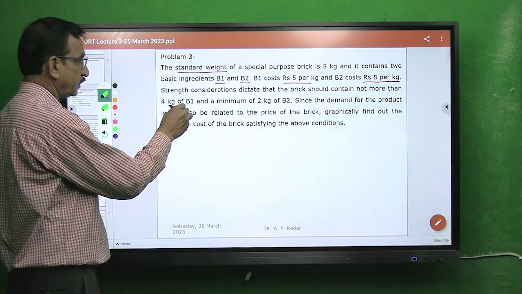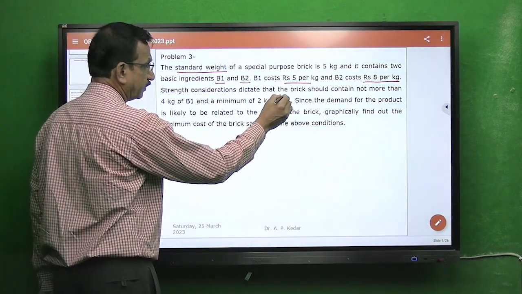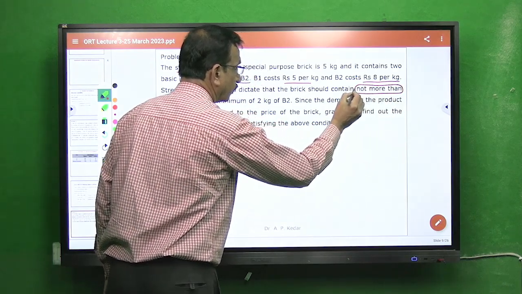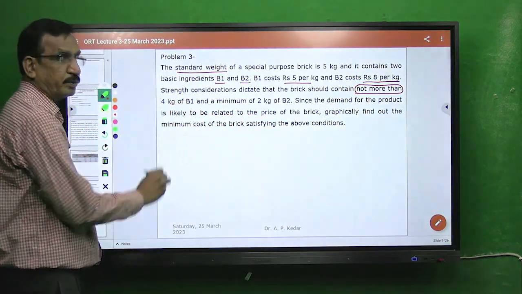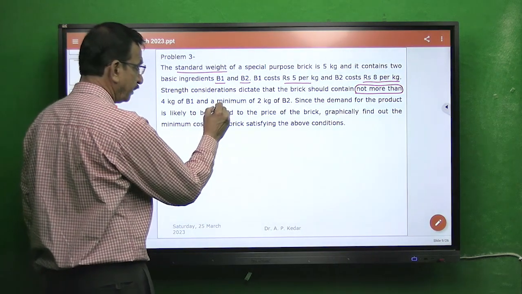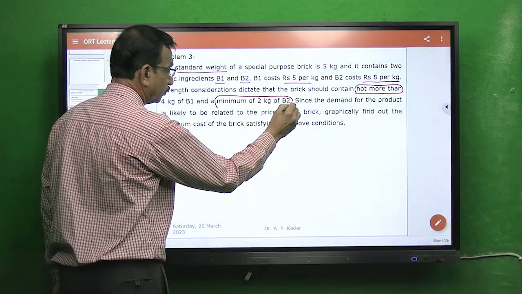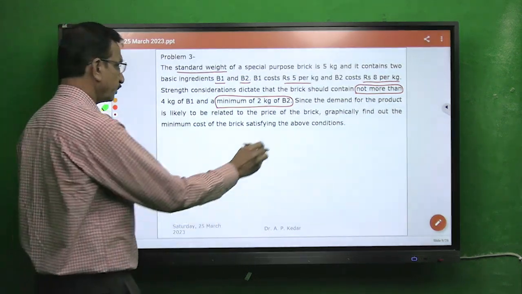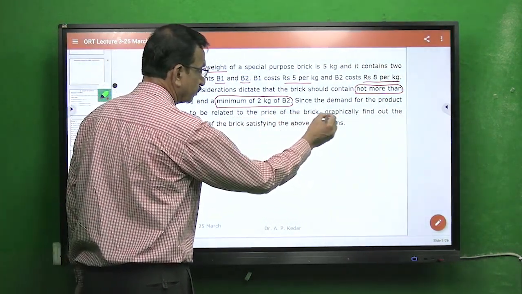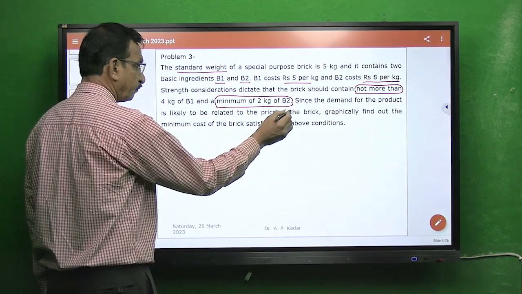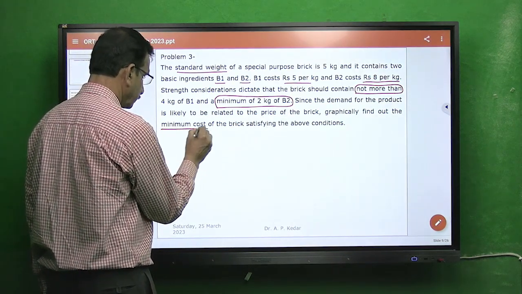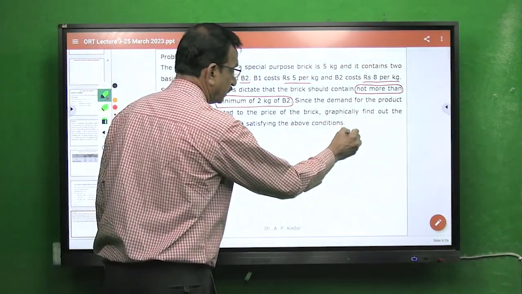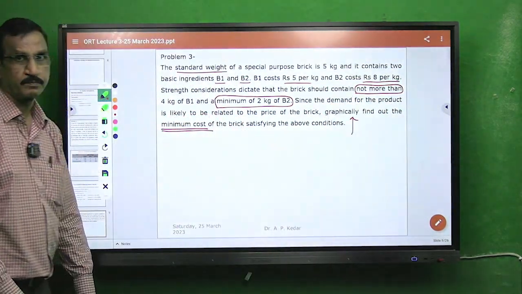The strength of the brick requires that the brick should contain not more than 4 kg of B1 and a minimum of 2 kg of B2. Since demand for the product is likely to be related to the price of the brick, graphically find the minimum cost of the brick satisfying the above conditions.